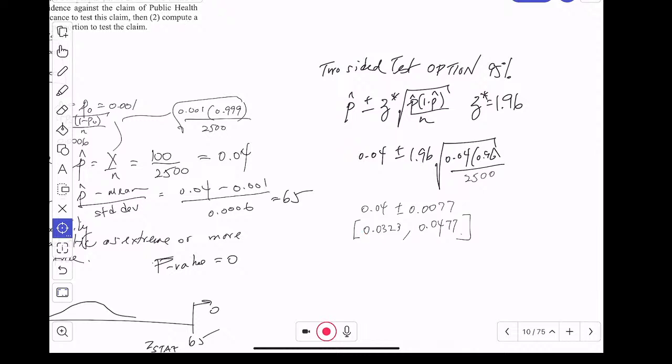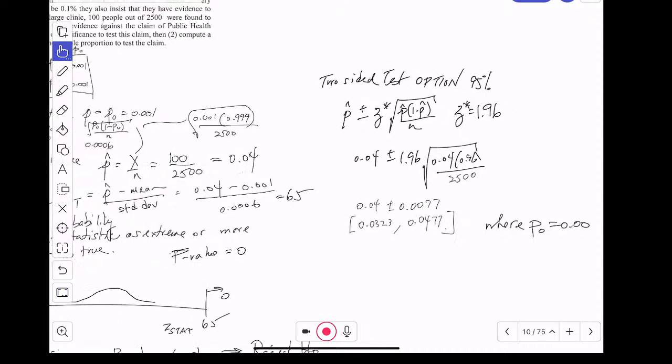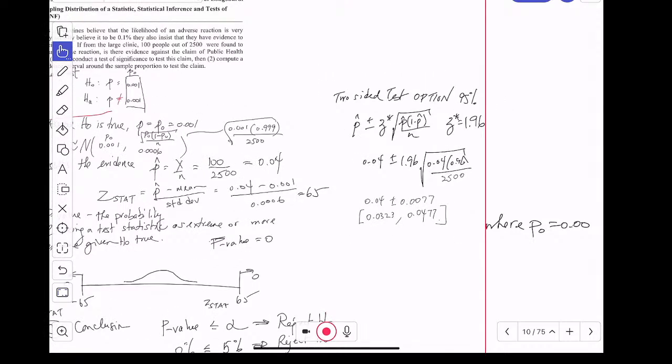So basically we make an interval with our statistic that we calculate from the sample, and we check if the interval is anywhere near the hypothesized value. The hypothesized value, remember, is 0.001.